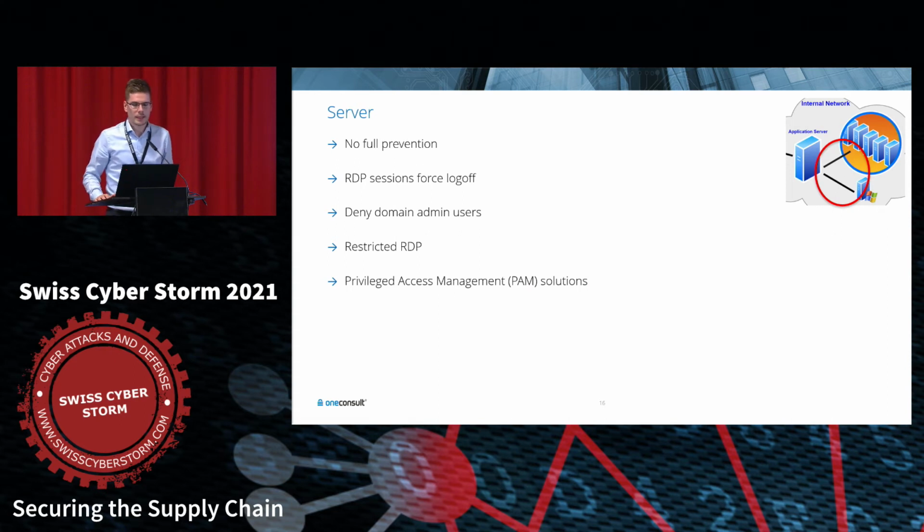For these attacks there is no full prevention, but we can still lower the risk. We can ensure that RDP sessions are forcefully logged off after some time, so that there are no processes left on the server for a long time. Often in audits we see people that logged on to a server and kept the session disconnected for more than 2 to 7 days.